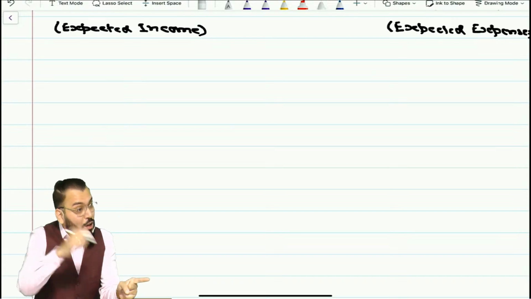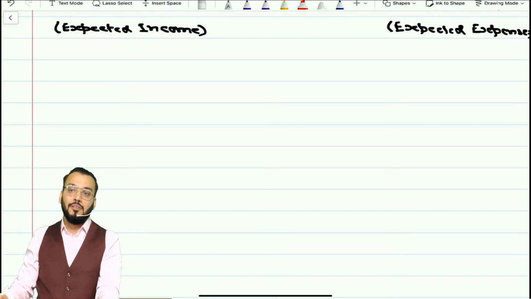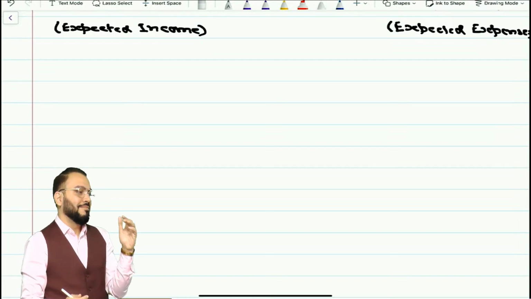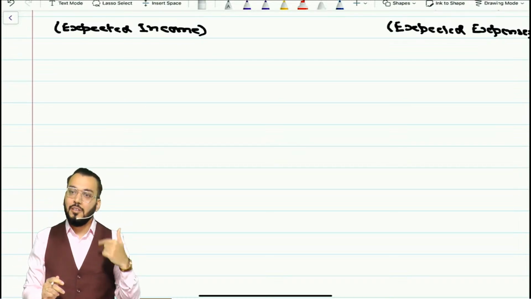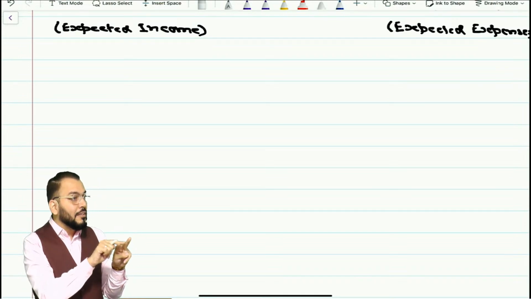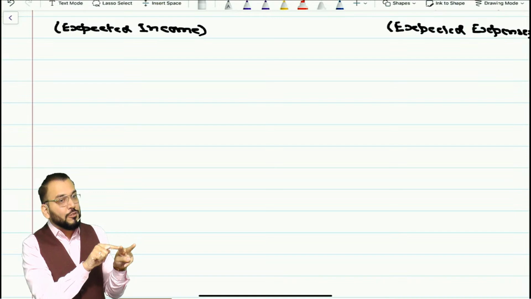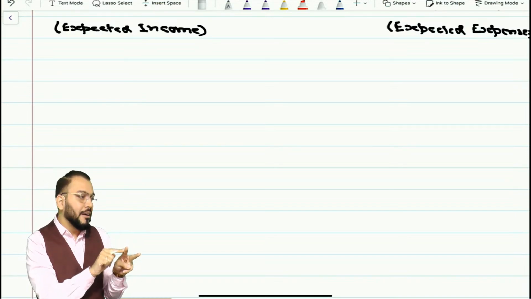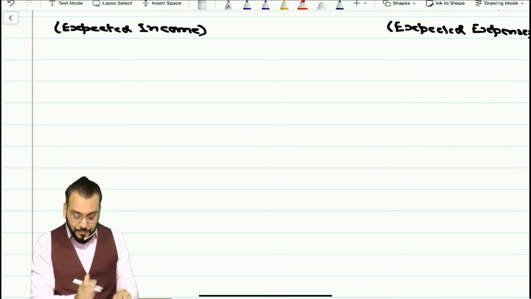CA inter you pass without knowing the concept, but CA final will not happen that way. You need to learn the concepts. If you understand the difference between CA inter and CA final, and you follow the same approach, then multiple attempts will come. Got it?